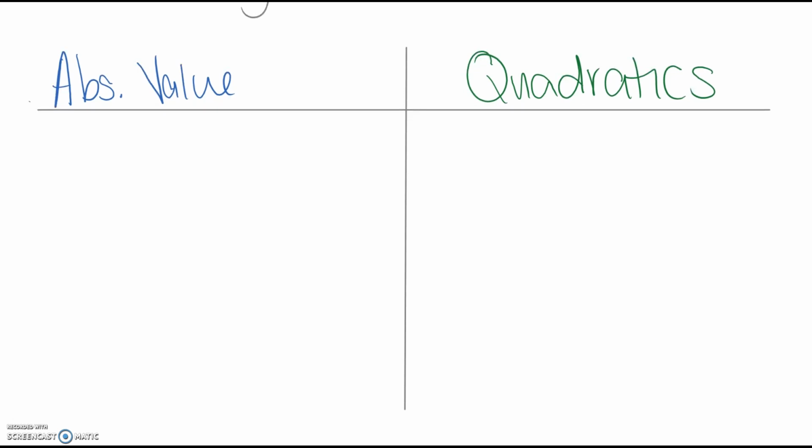Okay. So first thing, absolute value and quadratics, the parent. I'll do it for both. Alright, so the parent function is super important. You need to make sure you know the parent for both absolute value and quadratics. Remember, it is the simplest equation for each.